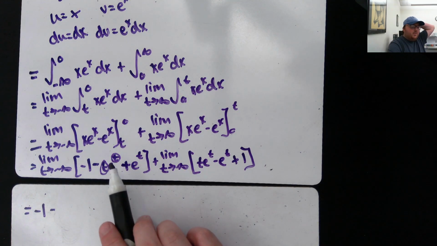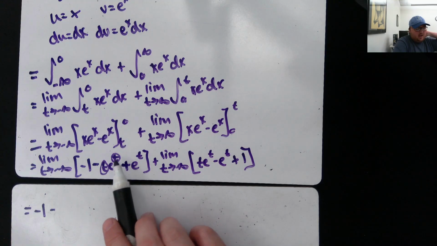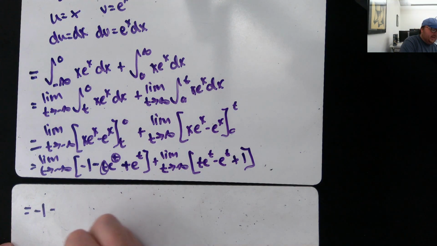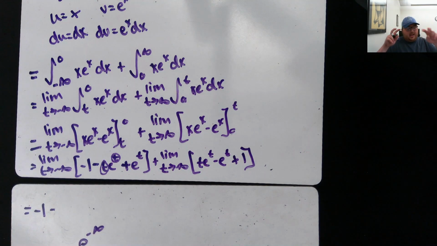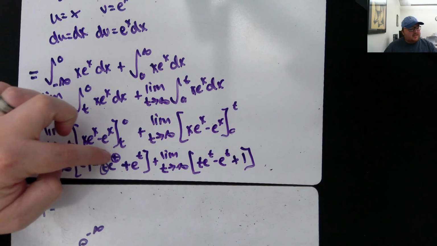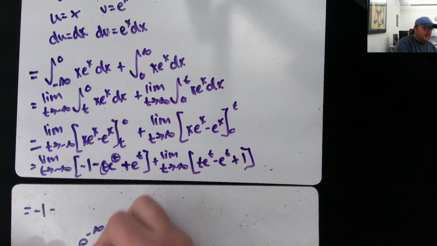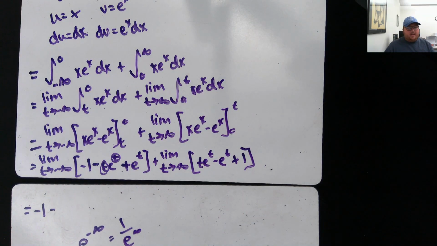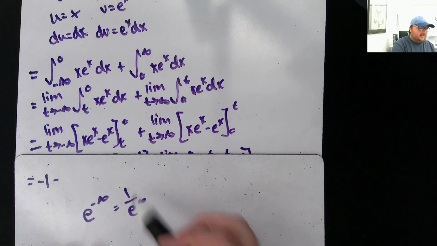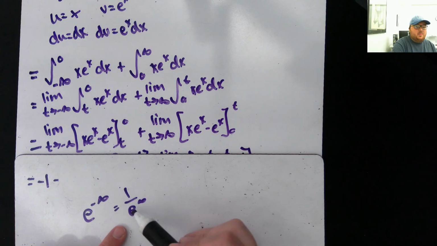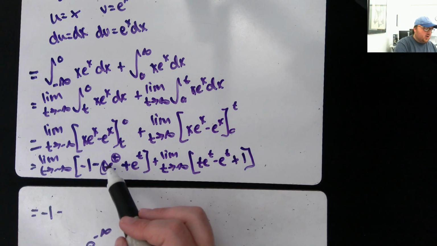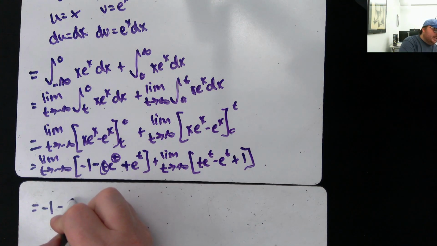So a negative infinity in the power is like e to the negative infinity, whenever I plug it in up here. So what that's actually going to do is make it like 1 over e to the infinity, which is really big, right? 1 over something really big is really small. So this term is going to go to 0.